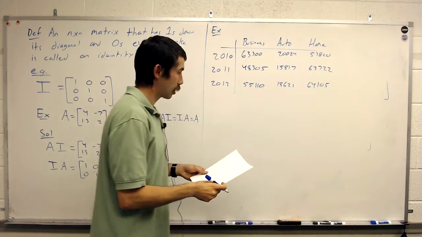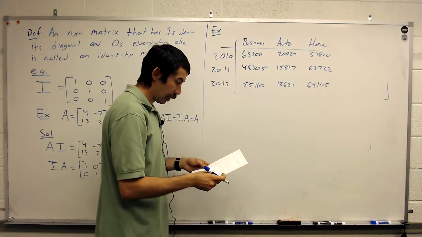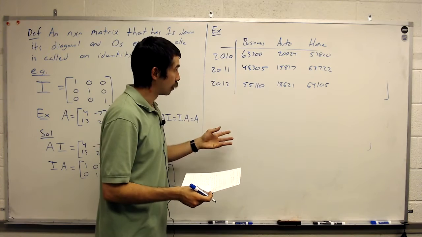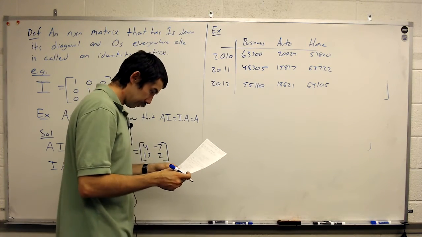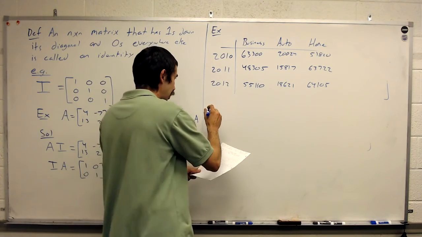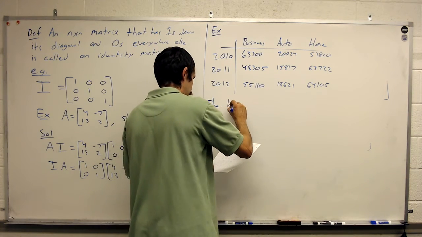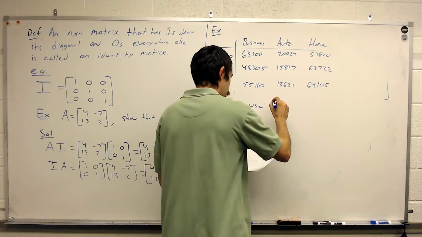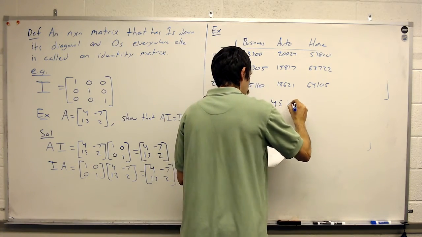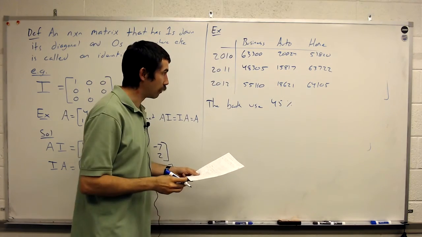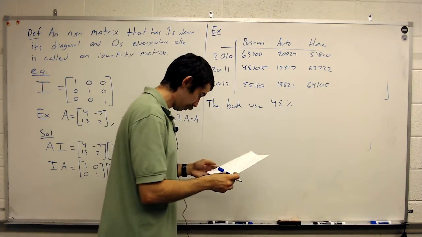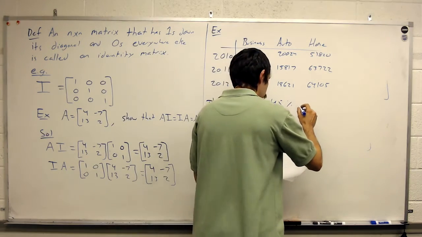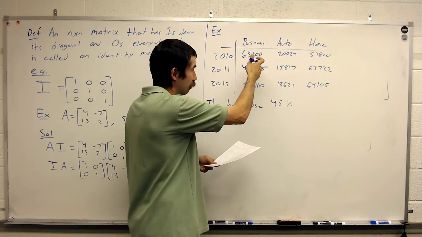All right, so suppose this is how much the bank loaned. And so the bank uses 45% of its income on business loans. So this is its income for these various types of loans.